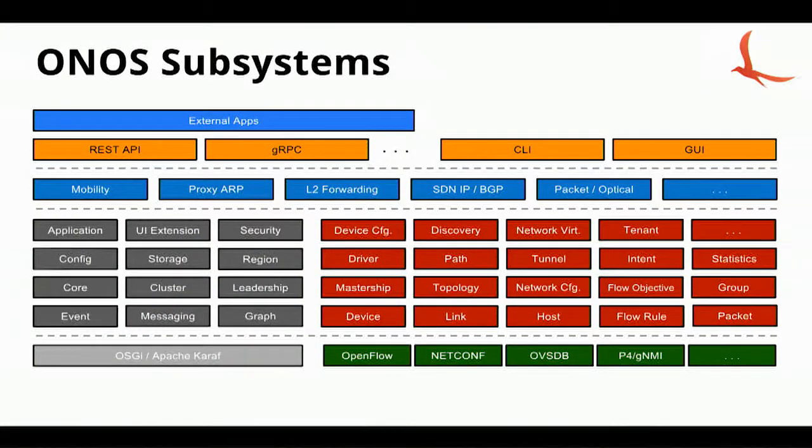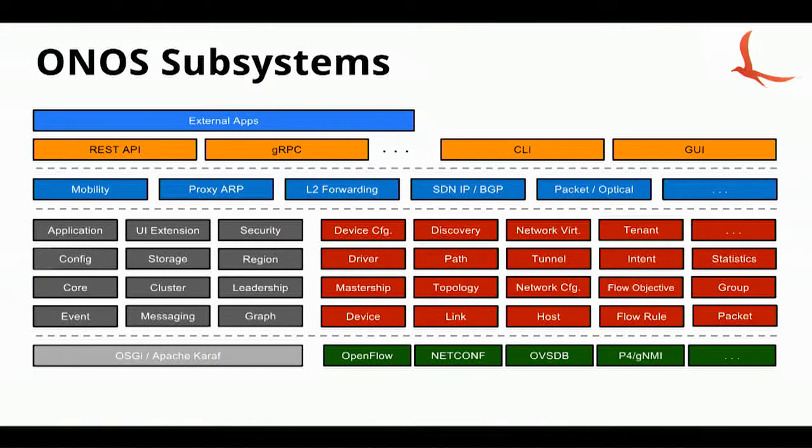So as you can see, ONOS is designed as a modular entity. It's not a monolithic entity in the sense that it's highly modular and comprises various, what we refer to as subsystems, each of them tailored to accomplish one thing and do it well. And then you can load these various subsystems and maintain them separately.